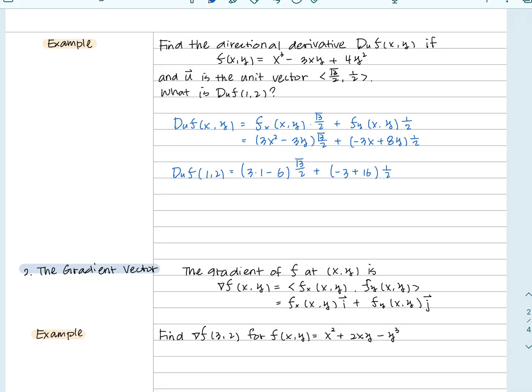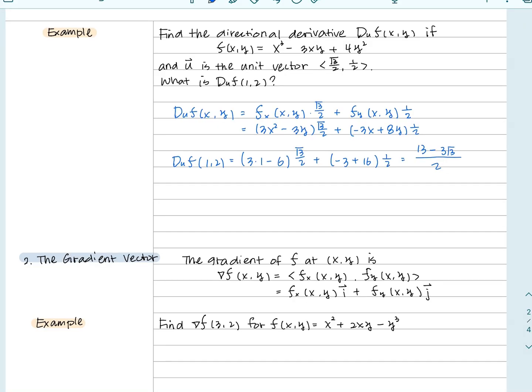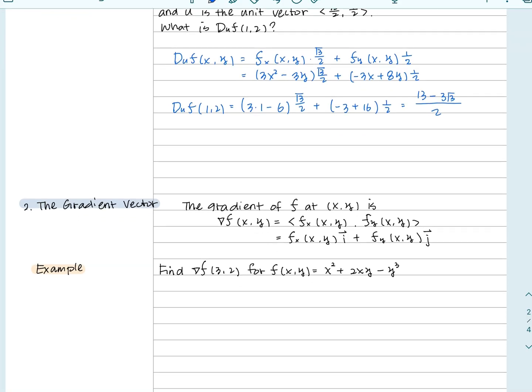So you get 13 over 2, and then this is minus 3 times square root of 3. You can simplify it to a positive number first, and then minus 3 square root of 3 over 2. All right, so that's how we compute a directional derivative at a given point in the given direction.